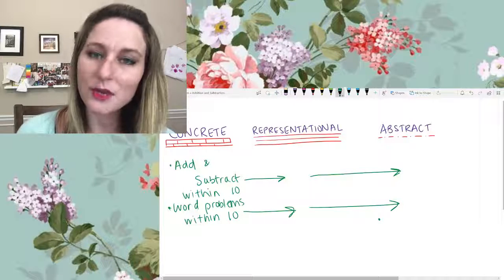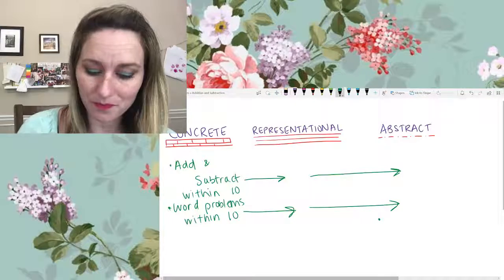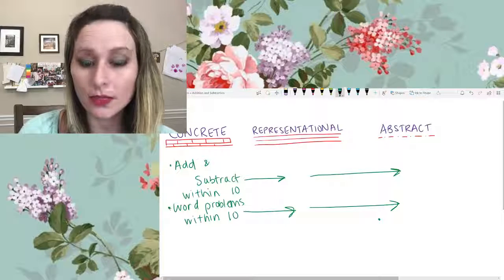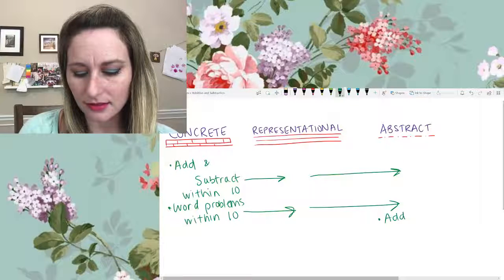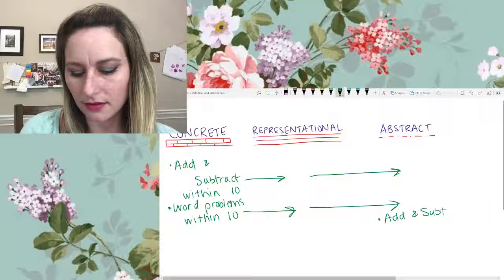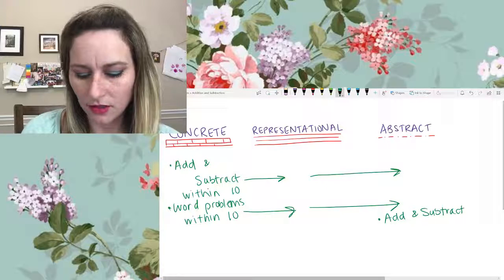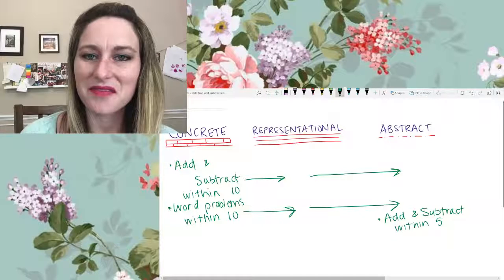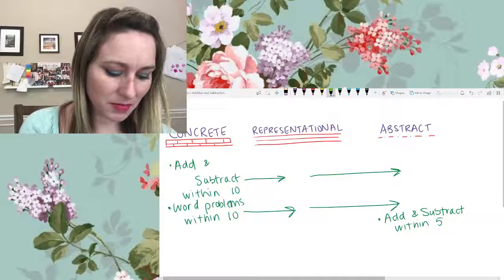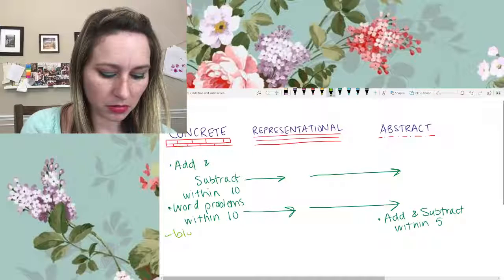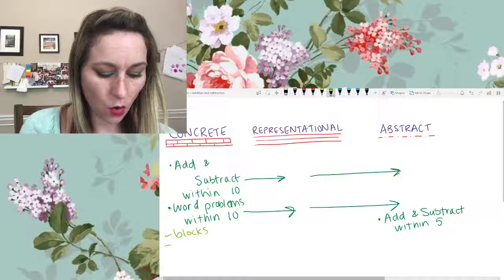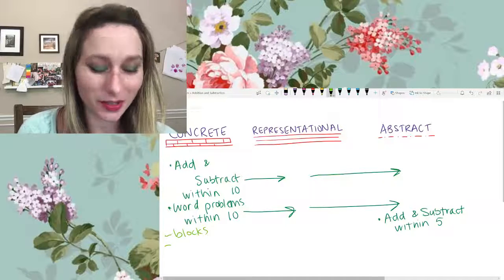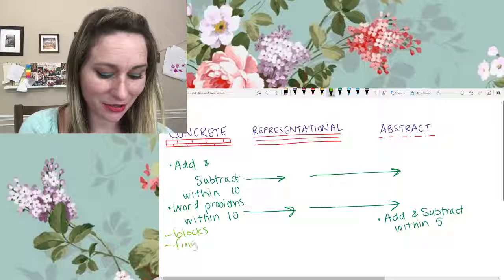And that last standard that was hiding is our fluency standard. Here, they are fluently adding and subtracting within 5. This means that students are using blocks or their best tool in their toolkit, their fingers.